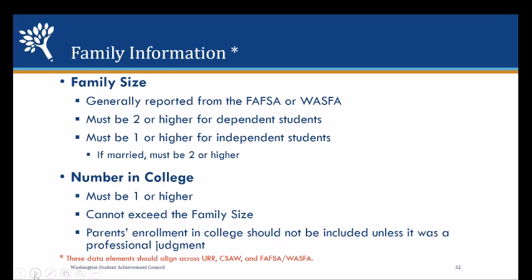If you say married and 1 in family size, that could pose a problem, and we're going to be asking you about that. Number in college must be 1 or higher, cannot exceed family size, and the parents' enrollment in college should not be included unless it was included as a result of a professional judgment that you did at your school.